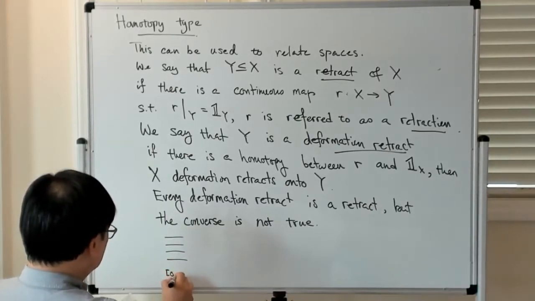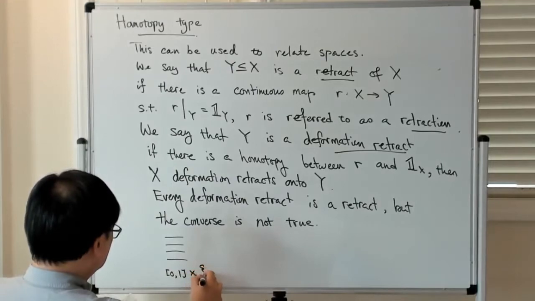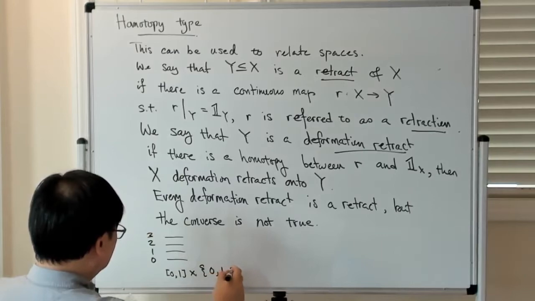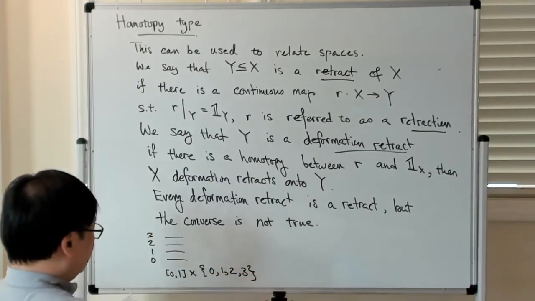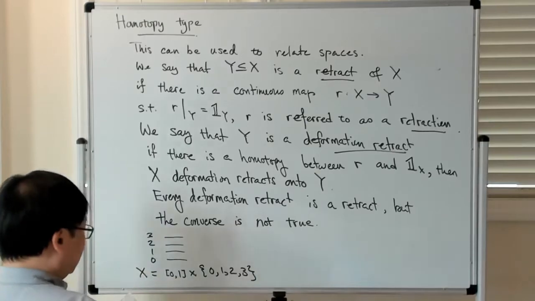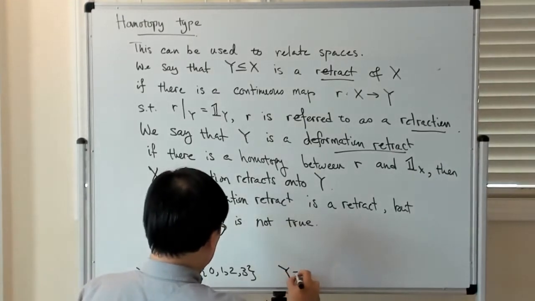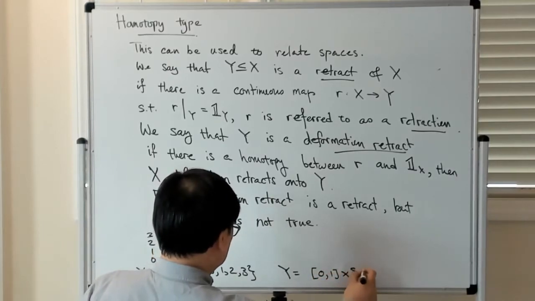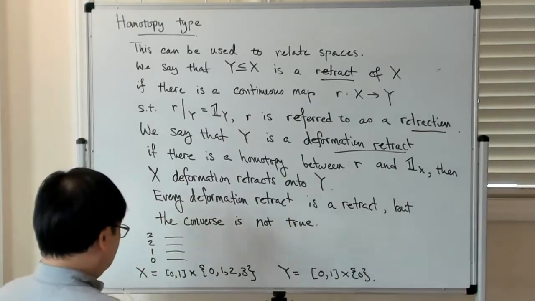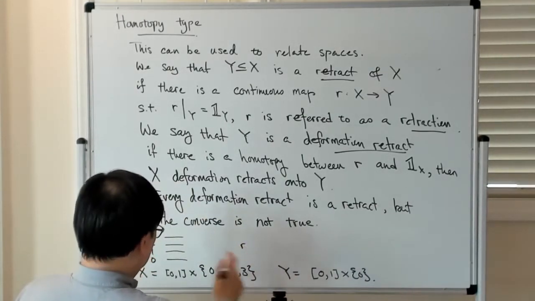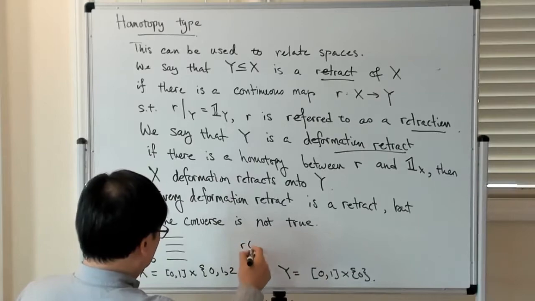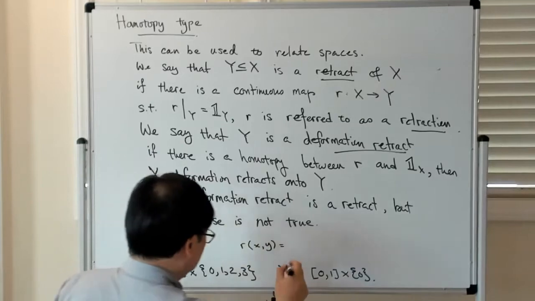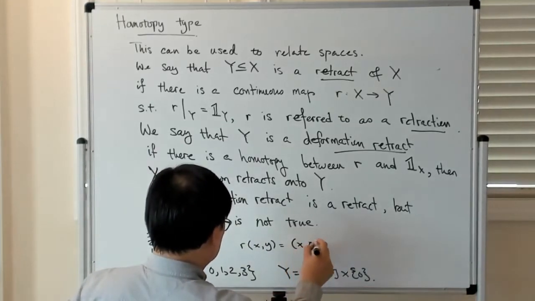So this is [0,1] cross, say, the set {0, 1, 2, 3}, and this is what I call X. Then Y could just be the interval [0,1] cross {0}, and R can map the point (x, y) to the point (x, 0).